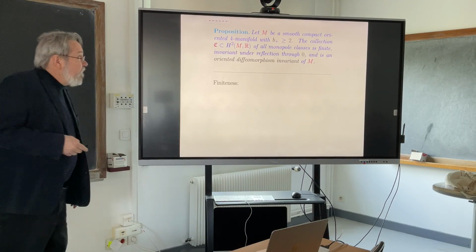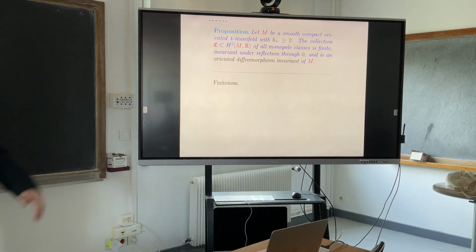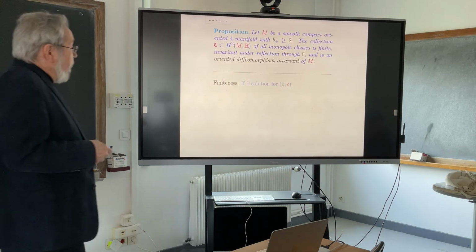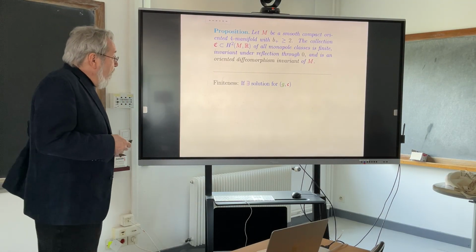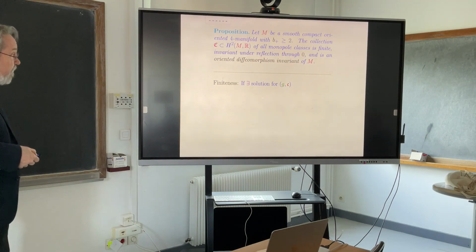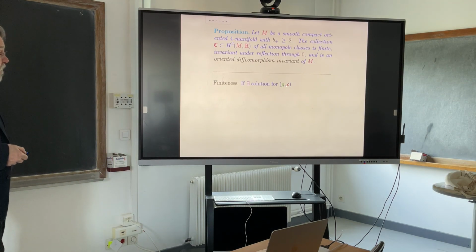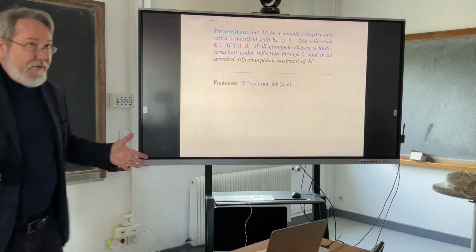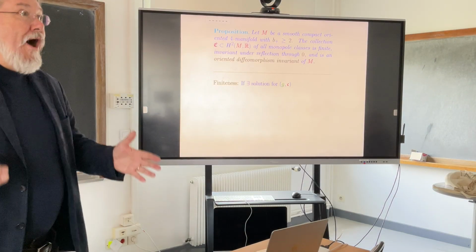The proof of finiteness in this generality involves the fact that if you have a solution for a particular metric, so choose some metric, and look at this spin-C structure for which we're told, I mean, this is a black box, right? We're not really told right now why there's a solution.